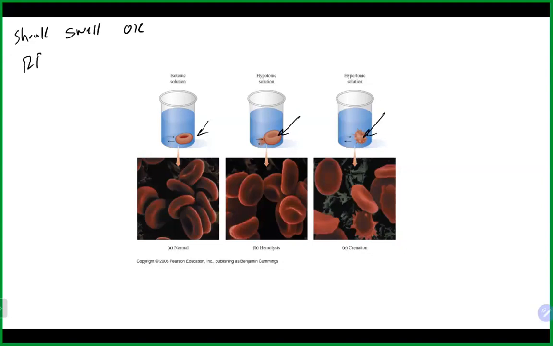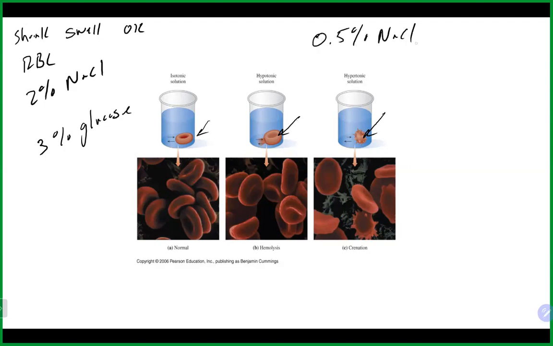If we put a red blood cell into these solutions, we put it into a 2% sodium chloride solution, a 3% glucose solution, 0.5% sodium chloride, 5% glucose, and good old plain water. All right, take a moment there, decide will it swell, will it shrink, or will it be okay if you put this cell into each of these different types of solutions.